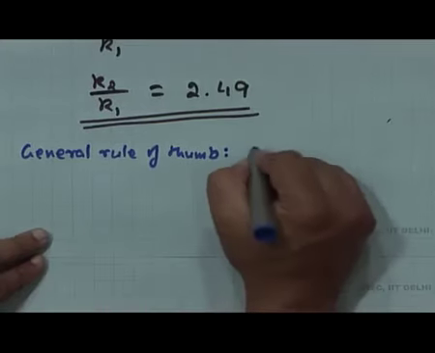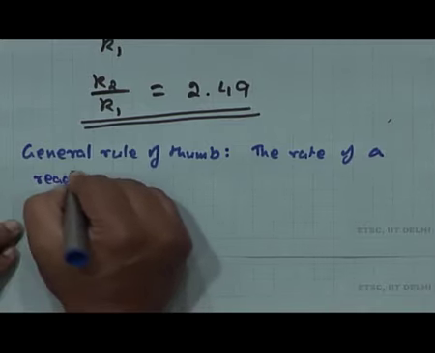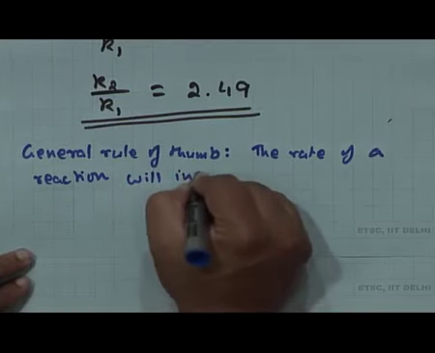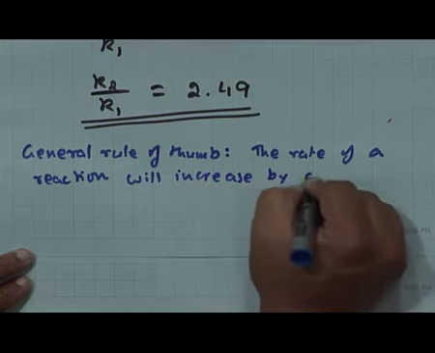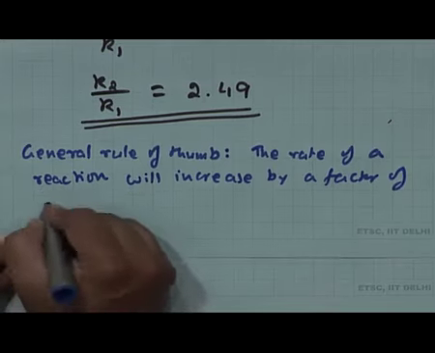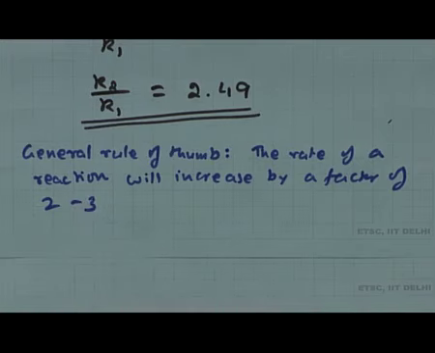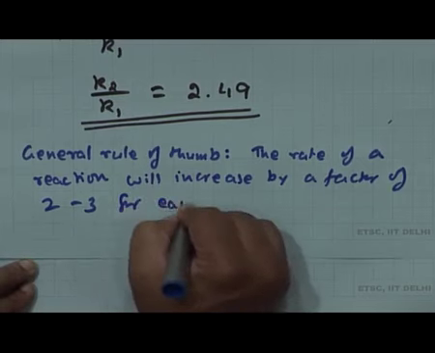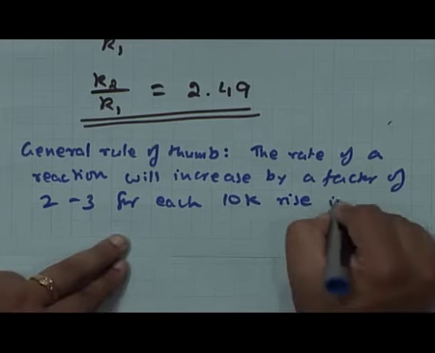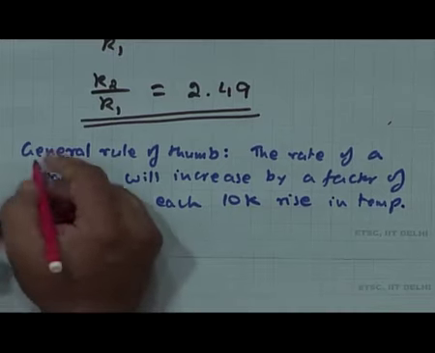It says that the rate of a reaction will increase by a factor of 2 to 3, that means a factor between 2 and 3, for each 10 K rise in temperature. So, again, what is the general rule of thumb?